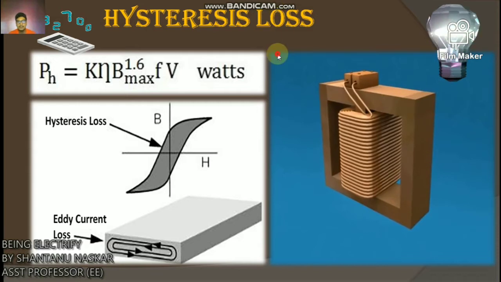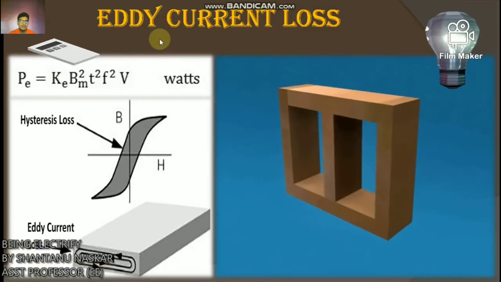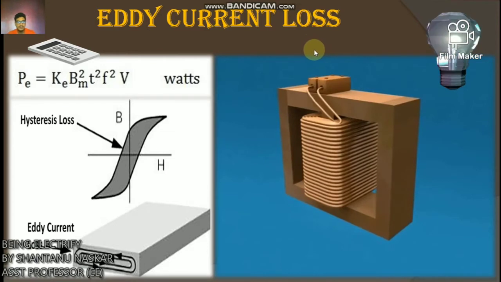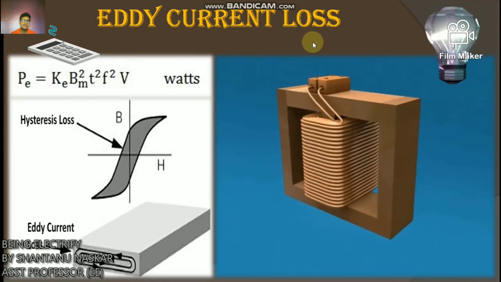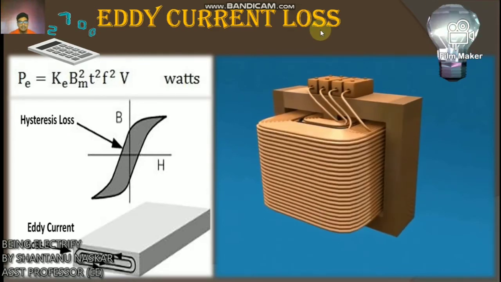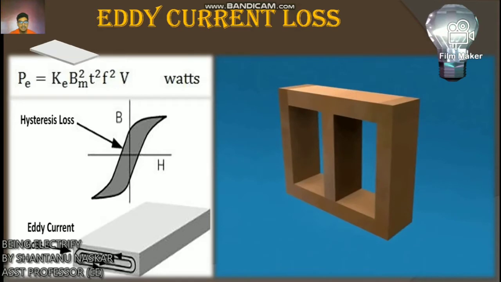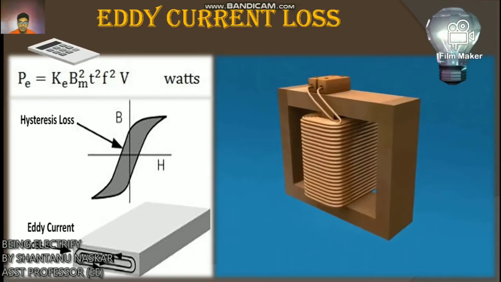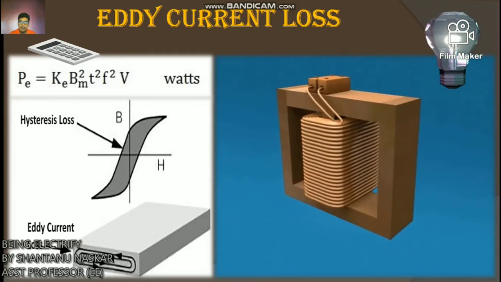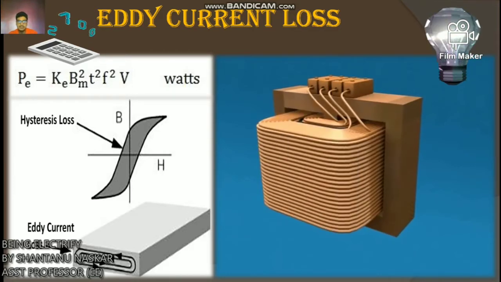Now we will discuss eddy current loss. When the flux links with a closed circuit, an EMF is induced in the circuit and current flows. The value of the current depends upon the amount of EMF around the circuit and the resistance of the circuit.